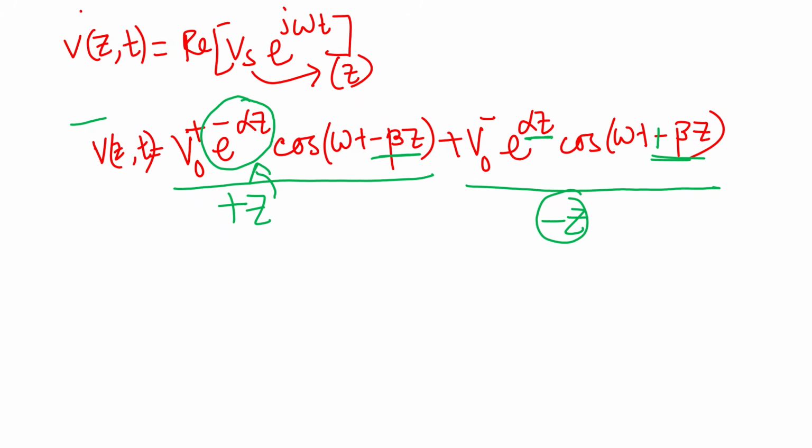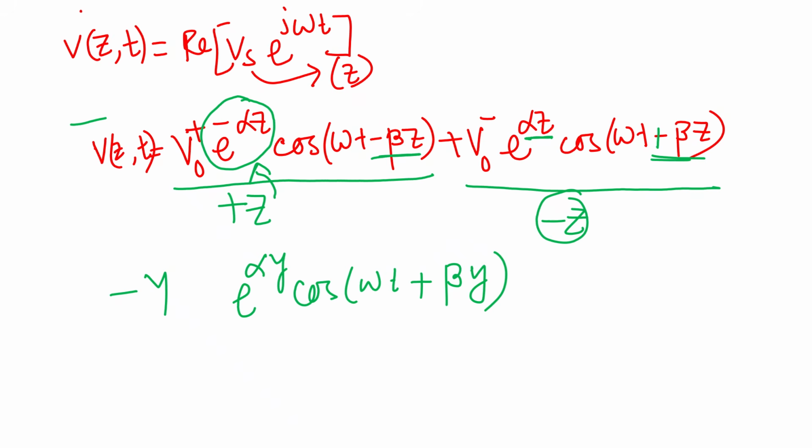For example, in that way we can write that a minus y directed wave will be nothing but e to the power alpha y into cos(omega t plus beta y). And similarly, a plus y direction wave will be e to the power minus alpha y cos(omega t minus beta y).